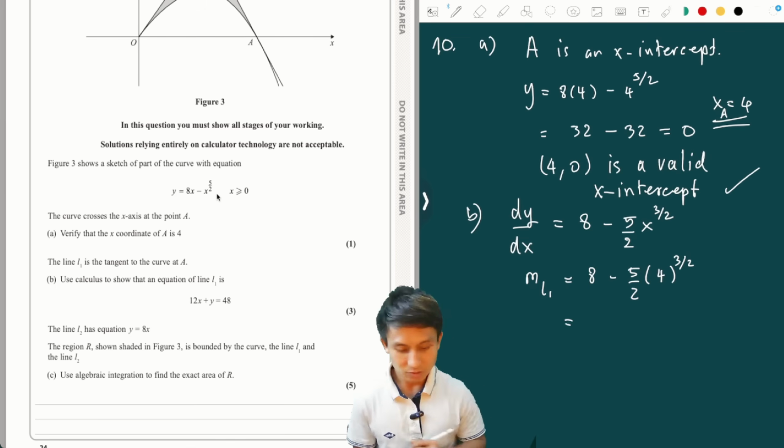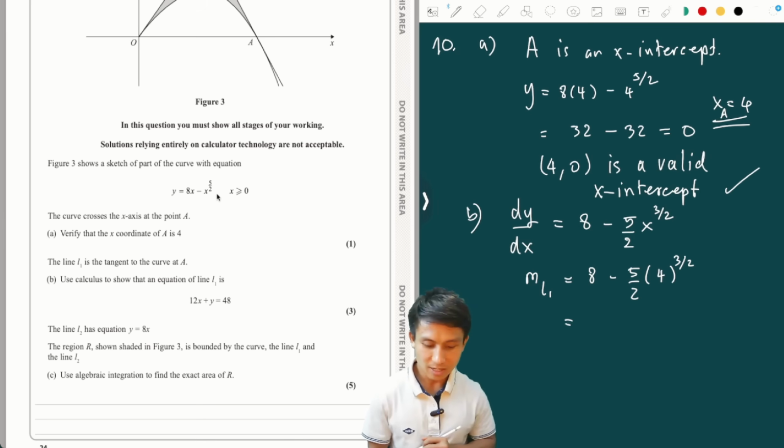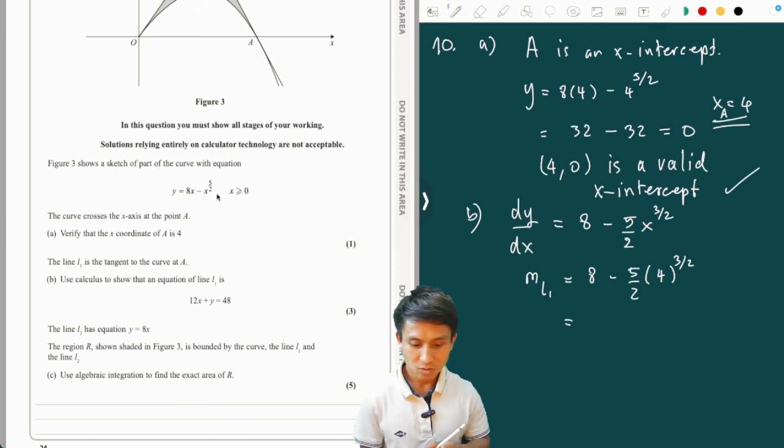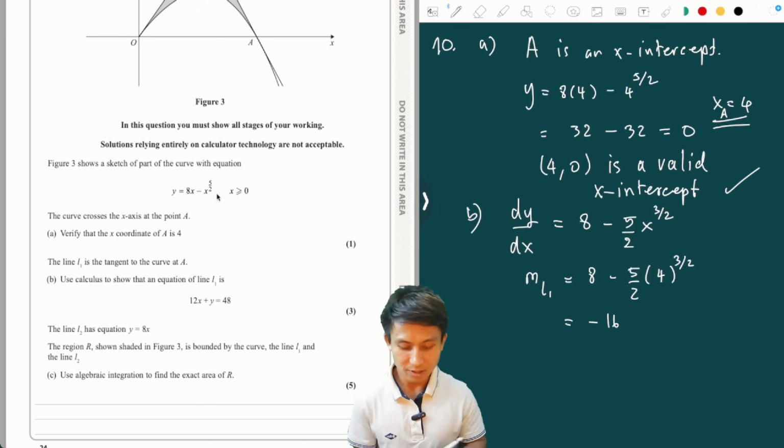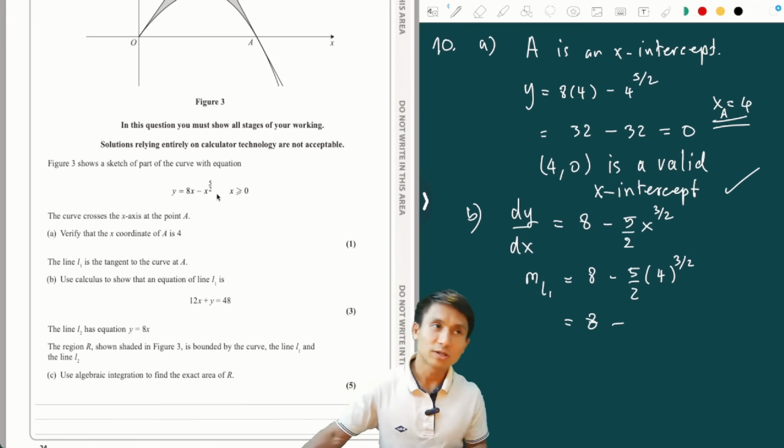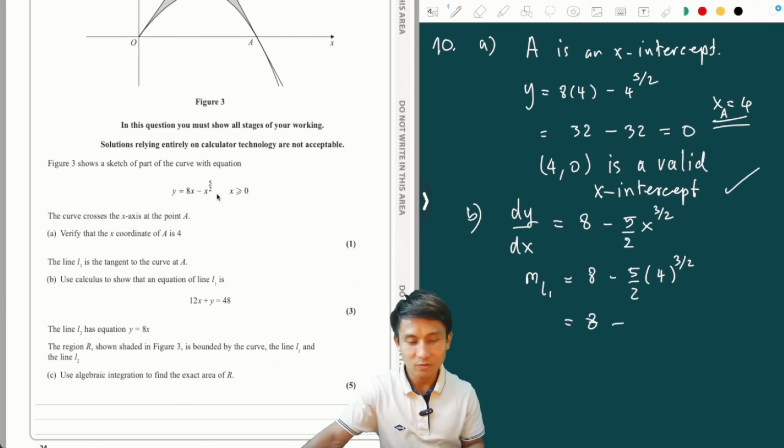Okay, so that works out to be minus 16, right? Wait, hang on, is it? That's 8 minus, so 4 to the 1/2 is 2, 2 cubed is 8, 8 divided by 2 is 4, so minus 20 here, minus 12, sorry.